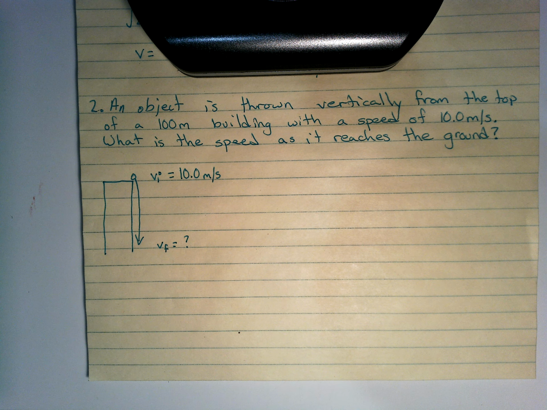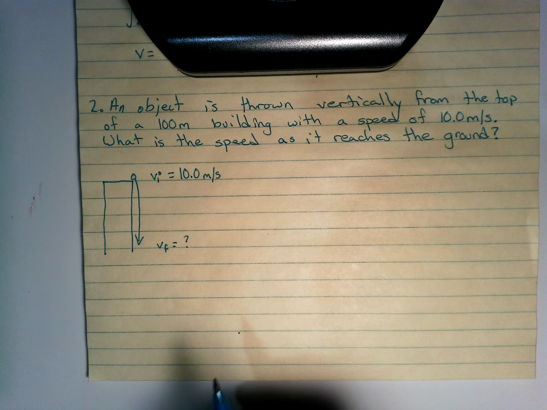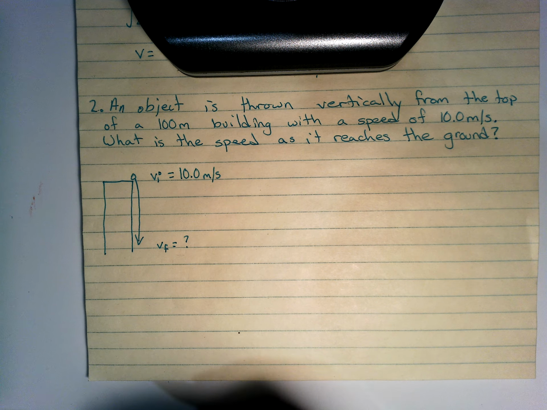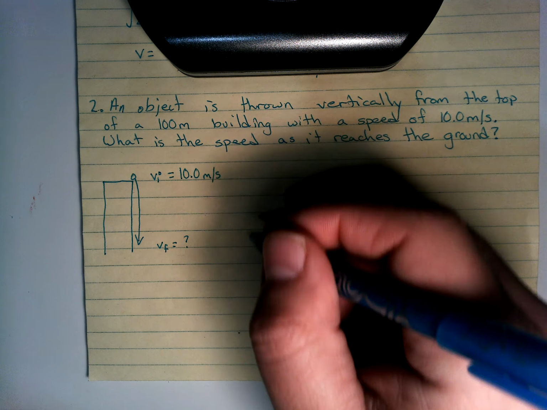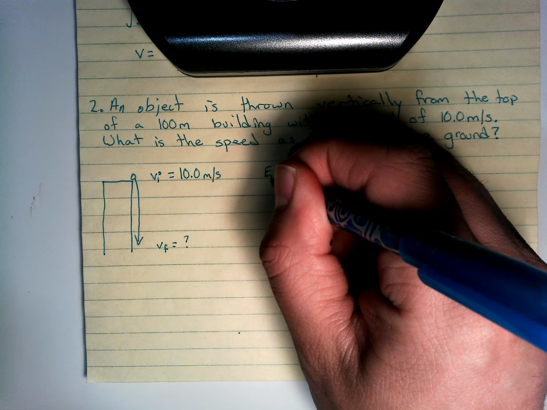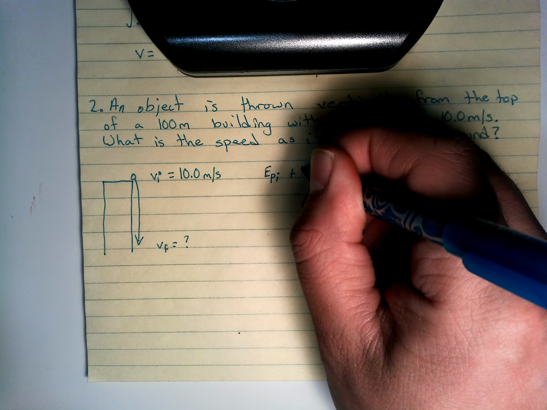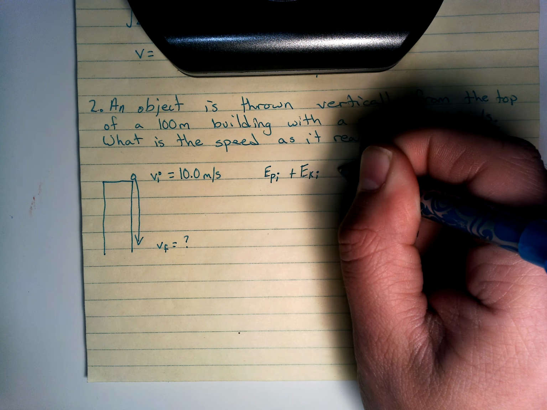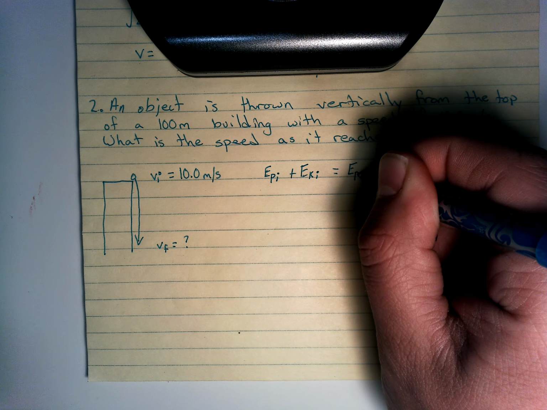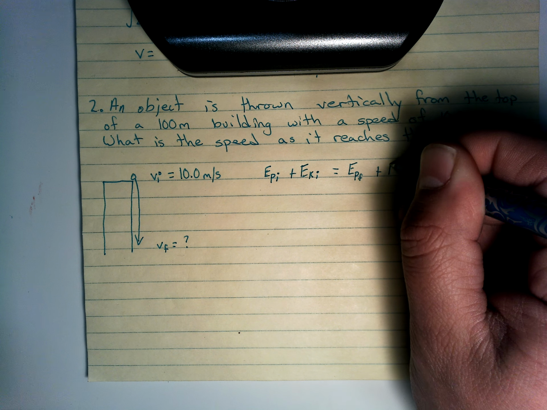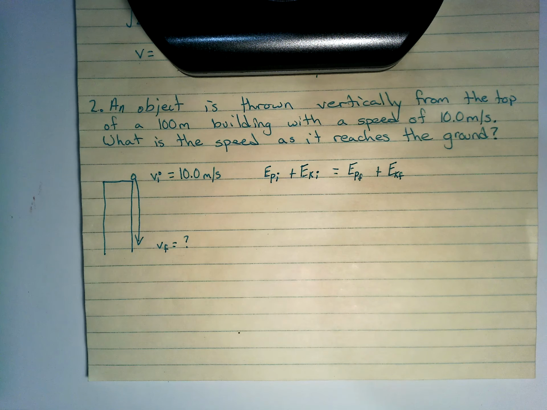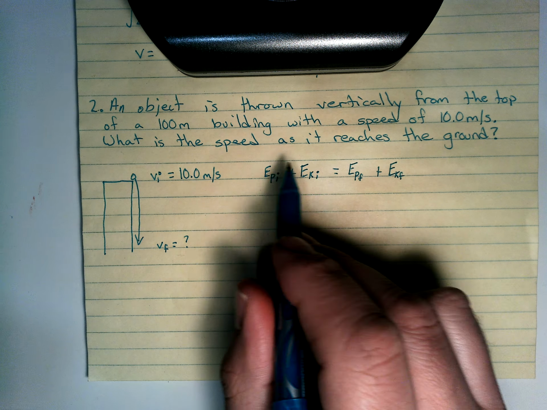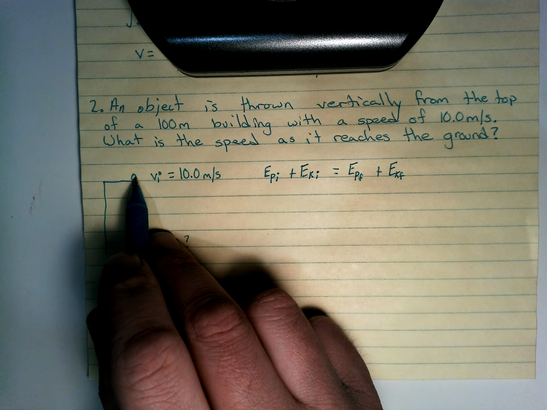There are a couple of different ways we can do it, but we're going to use the mechanical energy formula. If you look on your formula sheet, initial potential energy plus initial kinetic energy is equal to final potential energy plus final kinetic energy. We have initial potential energy because it's raised up to a certain height.